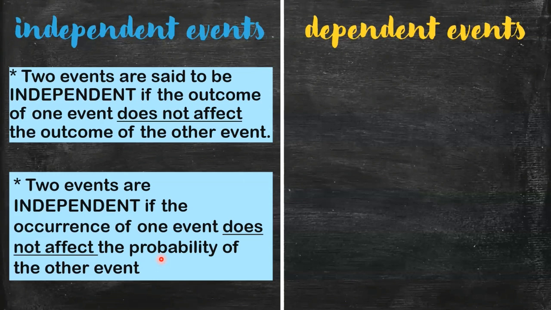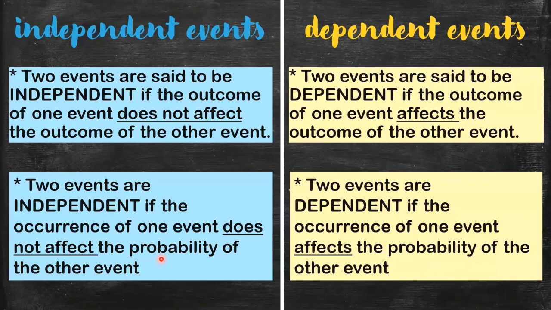To better understand independent events, it's nice to define two events which are dependent. Two events are said to be dependent if the outcome of one event affects the outcome of the other event. This time, the probability of the second event is affected by the occurrence of the first event.